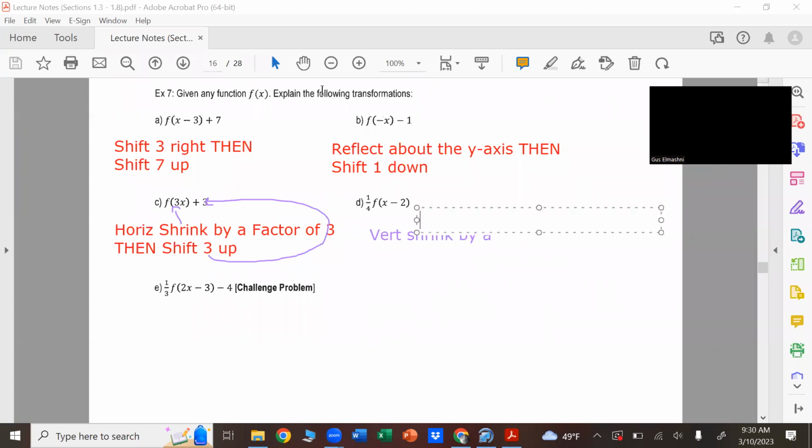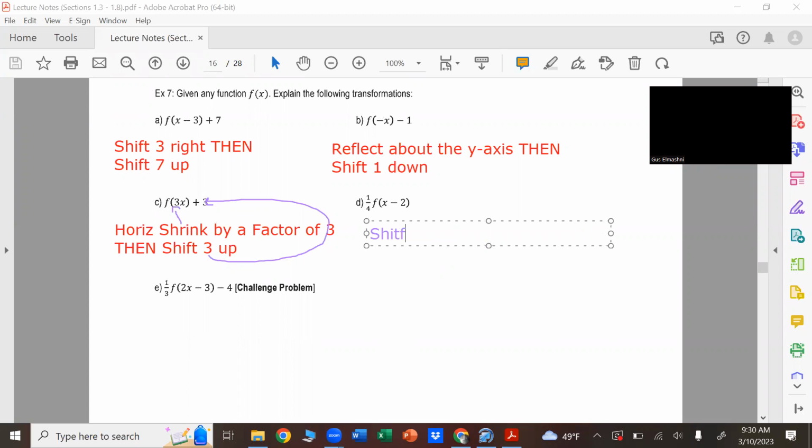All right, and then this one here. Vertically shrink. All right. Vertically shrink by a factor of 4, then actually, hold on a sec.